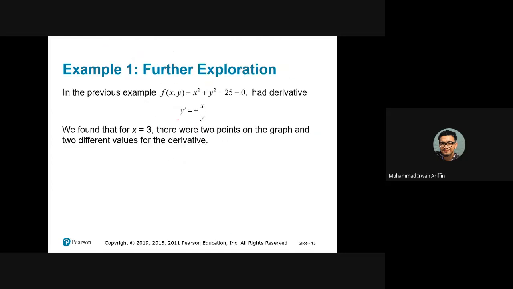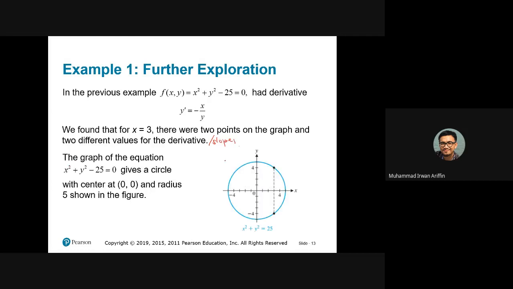Now, further investigation. So we have found that for x equals 3, there are 2 points on the graph with 2 different values for the derivative, or 2 different slopes. If we were to draw this graph, it is actually a circle. This is where x equals 3 and we have 2 points at negative 4 and 4.